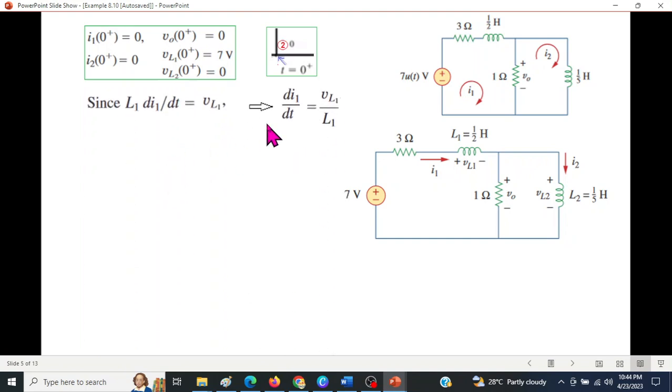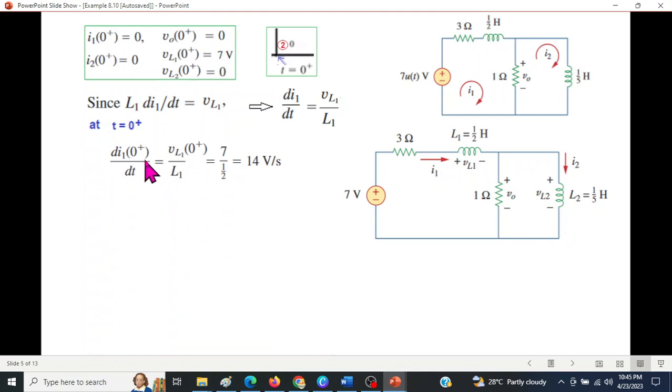And now we'll find the derivative terms associated with the inductor. We know the inductor voltage V is given by L di/dt. From here, di/dt can be written as VL1 divided by L1.